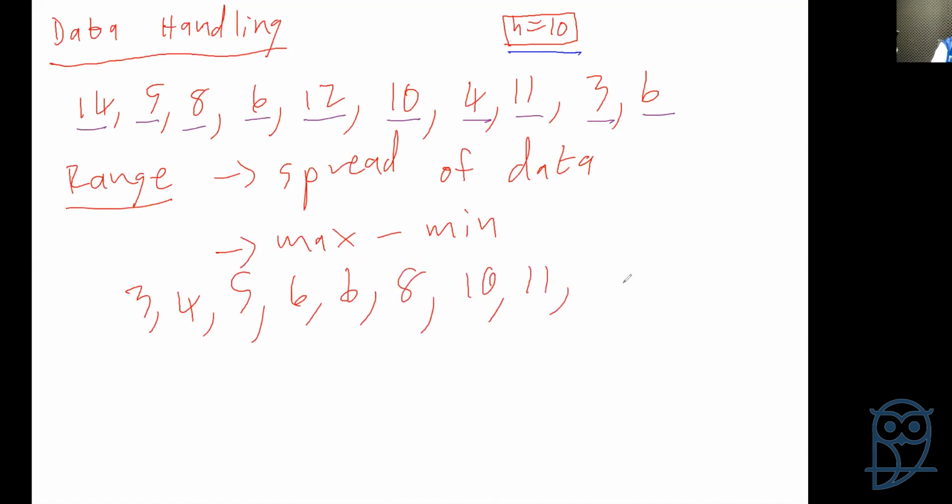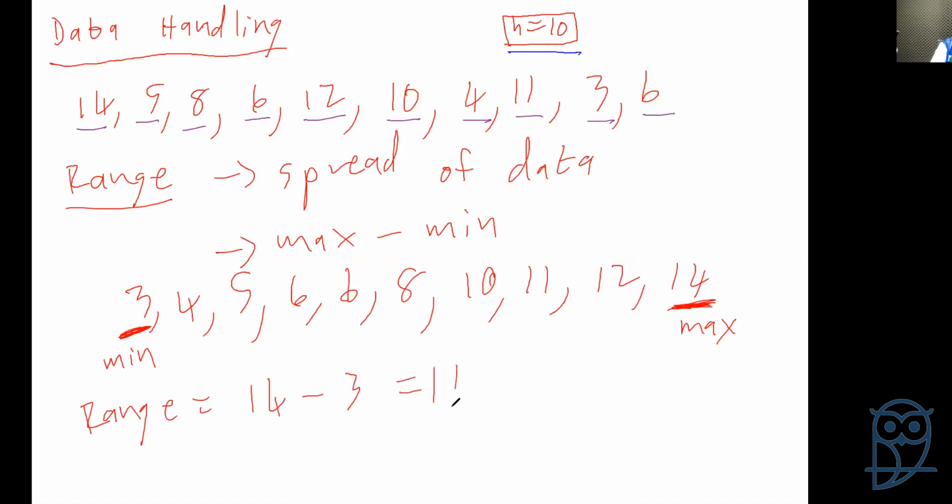10, 11, 12, and 14. All right. Therefore, this guy over here, here's my min. This guy over here, here's my max. And therefore, my range is 14 minus 3, which is 11. Great.